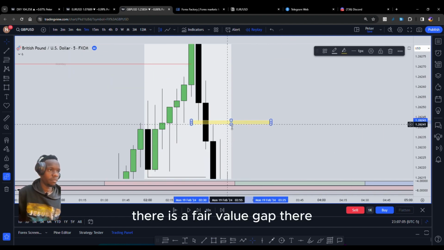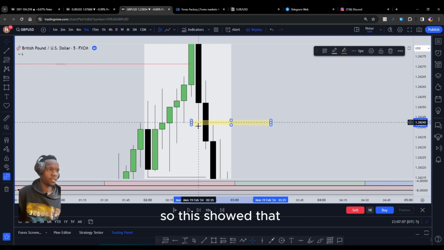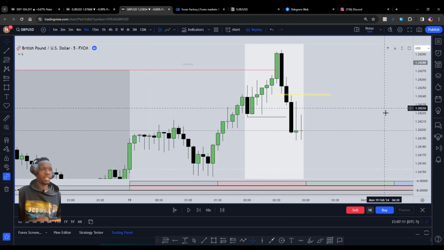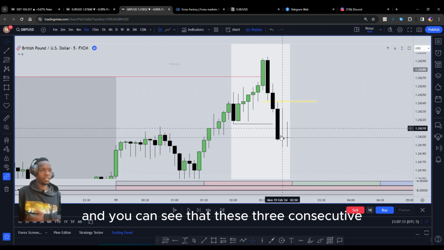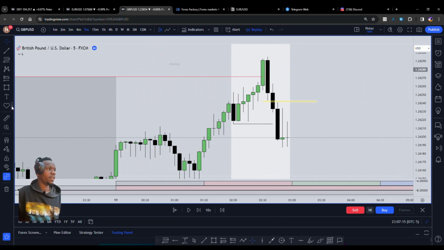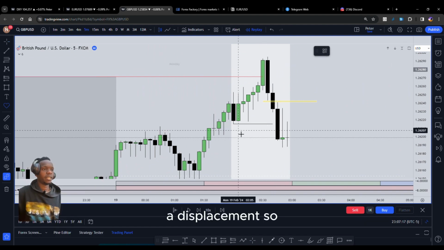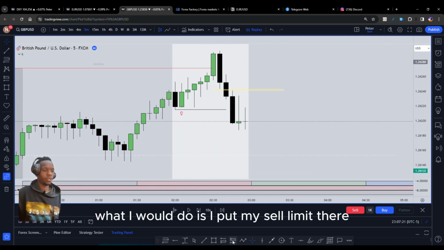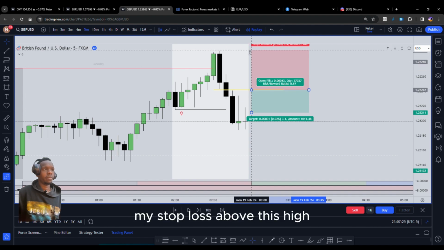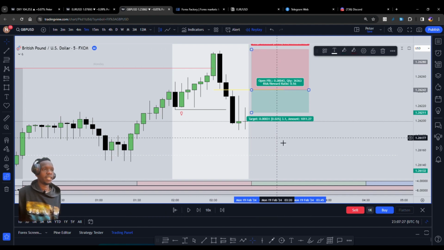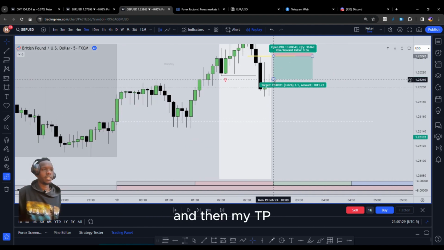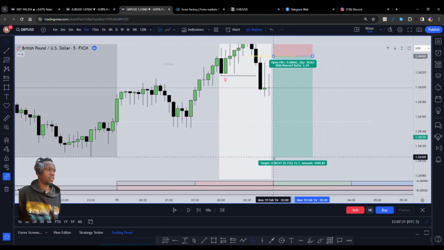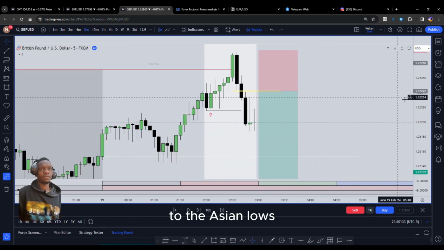So this shows that this is a displacement, and you can see these 3 consecutive candles, this is a displacement. So at this point, what I would do is I put my sell limit there, my stop loss above this high, and then my take profit at the Asian lows.